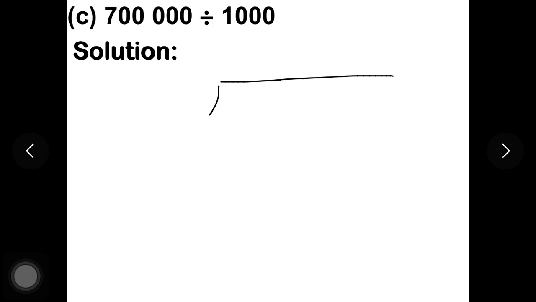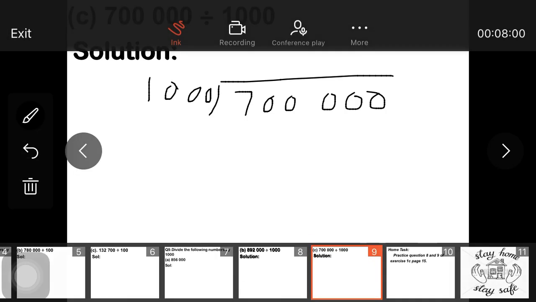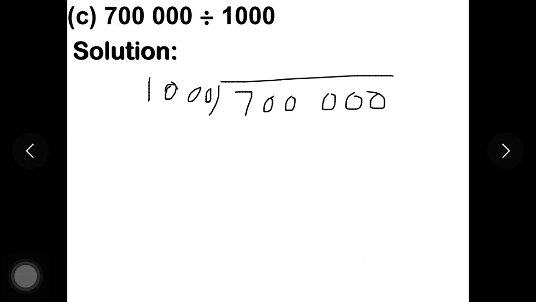700,000 divided by 1000. 1001 is 1000. 1002's are 2000. 1003's are 3000. 1004's are 4000. 1005's are 5000. 1006's are 6000, and 1007's are 7000.